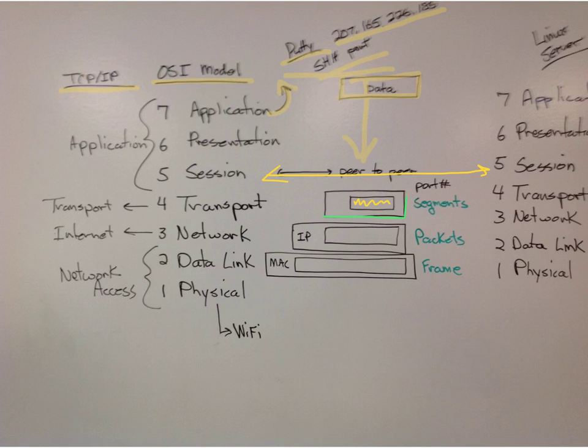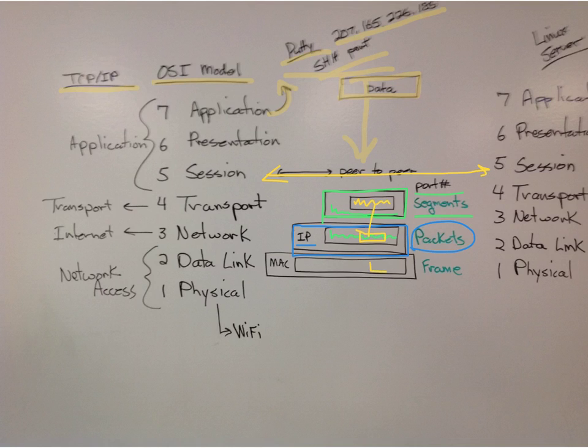now gets split up into segments with port numbers, and then this data, after the transport layer, comes in here, and then we create a packet. We put IP addressing on there. So that's encapsulated, okay? So in reality, somewhere in here is the original data.